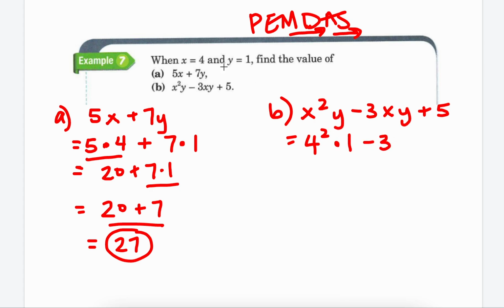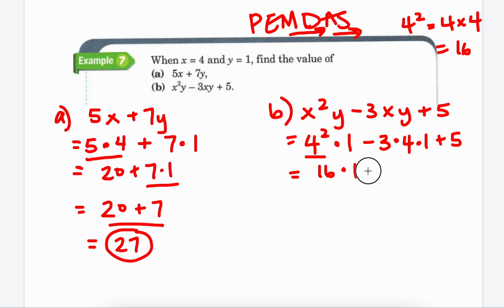Minus 3 times 4 times 1 plus 5. Okay, no parentheses to deal with. Let me deal with my exponents first. 4 squared is the same as 4 times 4, which is equal to 16. So instead of 4 squared, I'm writing 16 times 1 minus 3 times 4 times 1 plus 5.